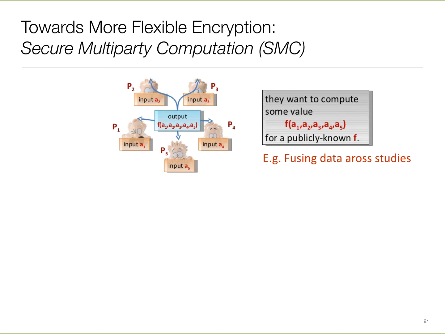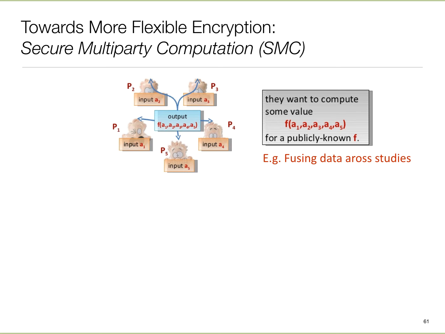We are all agreed that we want to compute that function and we all want to know it, but other than whatever is revealed by the function, we will not learn anything else. So for example, let's say we are all voting on some issue. I don't want others to know my vote, it's secret, but we want to know for sure that the result of the election was tabulated correctly.